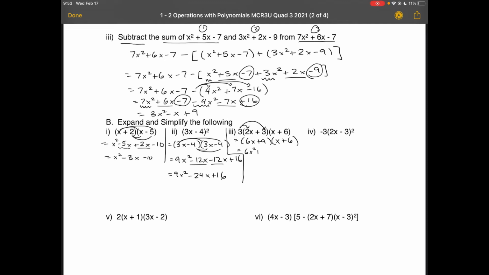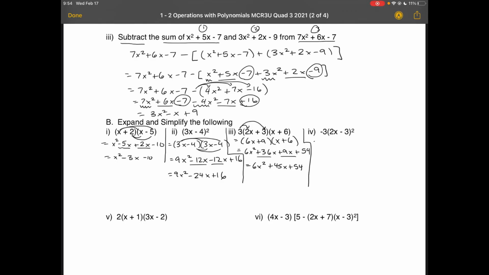So 6x squared plus 36x plus 9x plus 54, which I can simplify to 6x squared plus 45x plus 54. If you'd multiplied the second two brackets together first and then multiplied 3, you would also get the same answer.